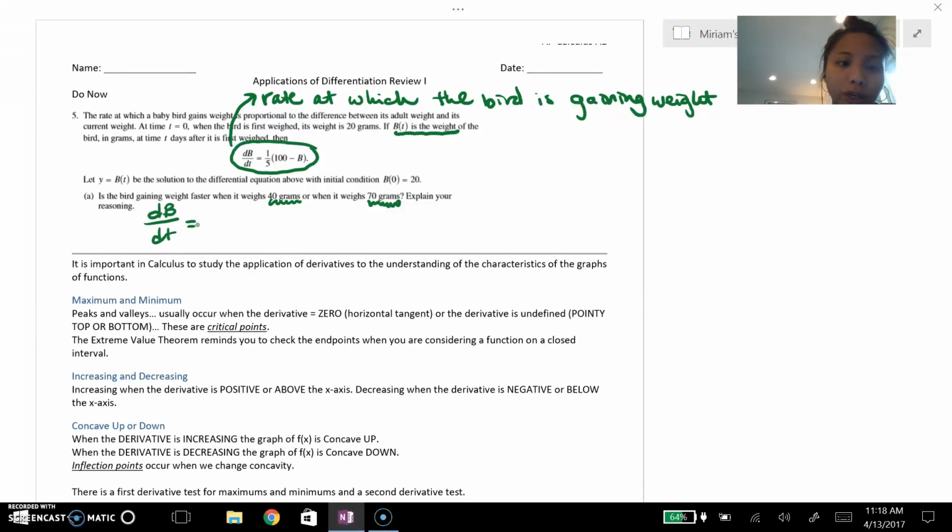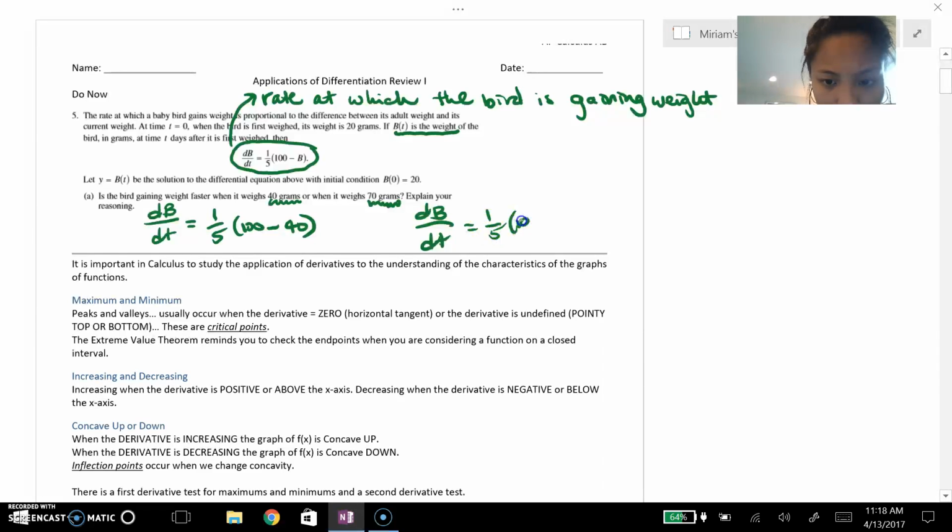When I plug in 40, 1/5 (100 minus 40). Then I'm going to do the same for 70, and see which one has the greater value, because that's going to tell me which one has a greater rate of gaining weight. Okay, I'm going to do the work here.